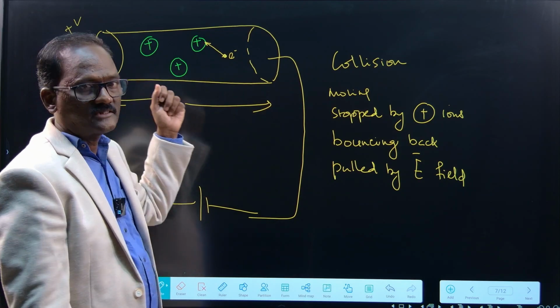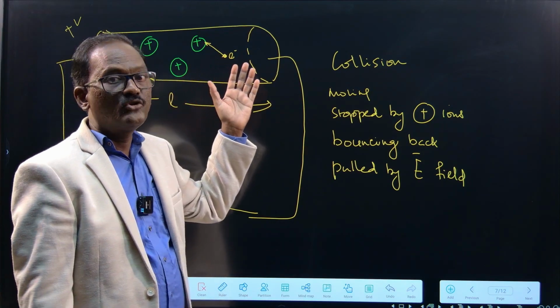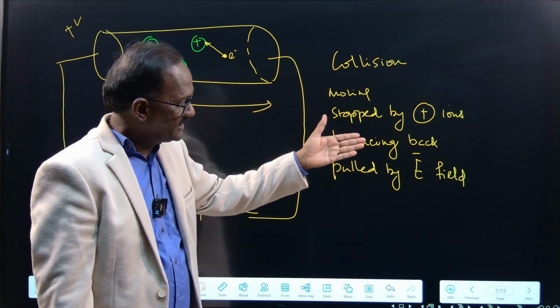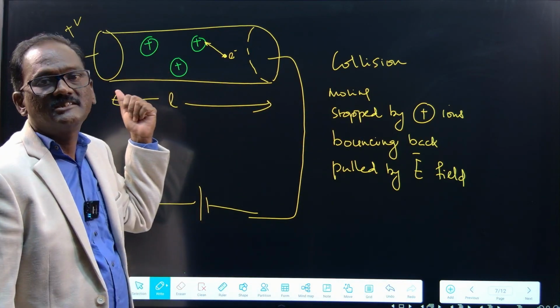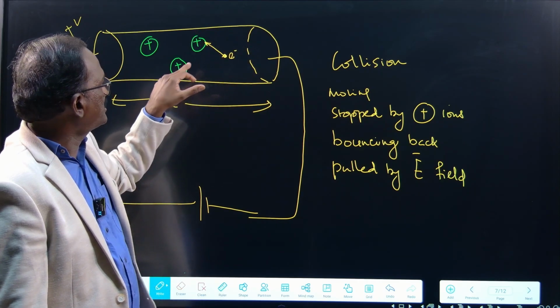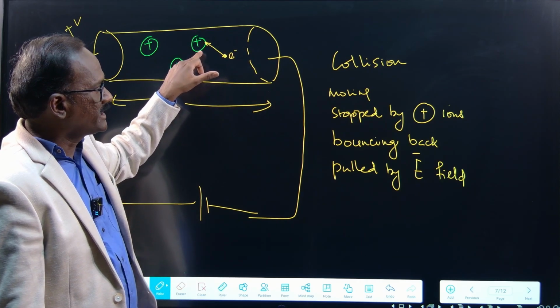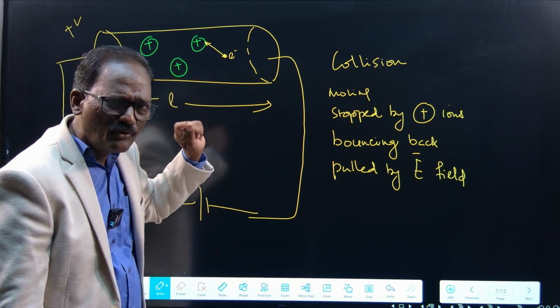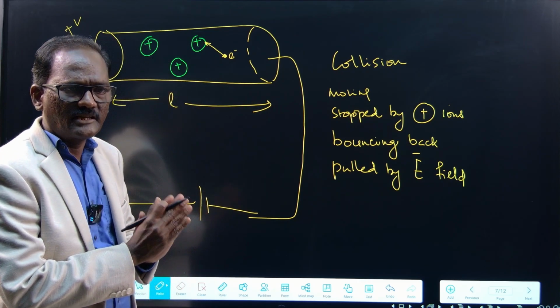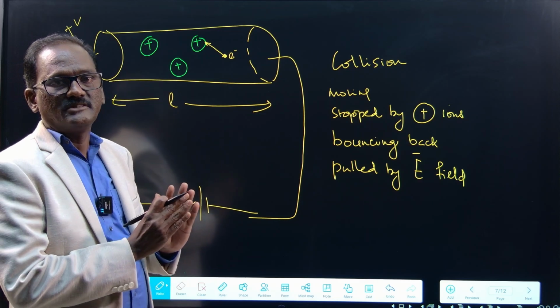Pulling means in this direction. Randomly they may go in any direction due to the thermal energy. But the electric field is pulling against its field, against its direction, right? So the electrons are moving, colliding with the positive ions, then slightly bouncing back, then being pulled.